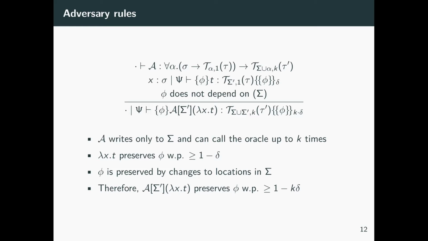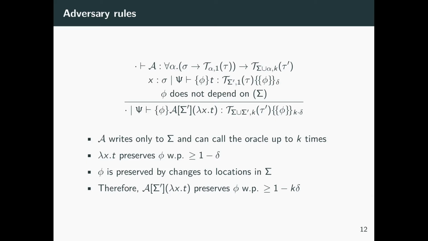Now suppose we have some invariant phi that does not depend on sigma. If using our logic we can show that T preserves phi with probability 1 minus delta, then it must be the case that A, when instantiated with T, must also preserve phi with probability 1 minus k times delta.